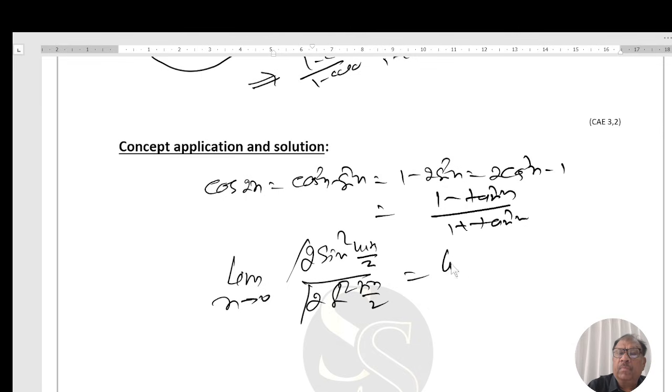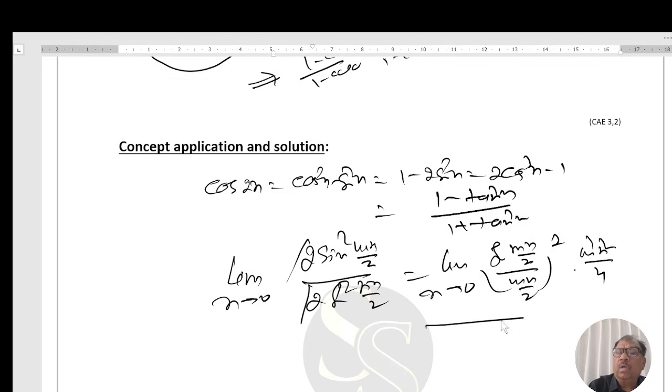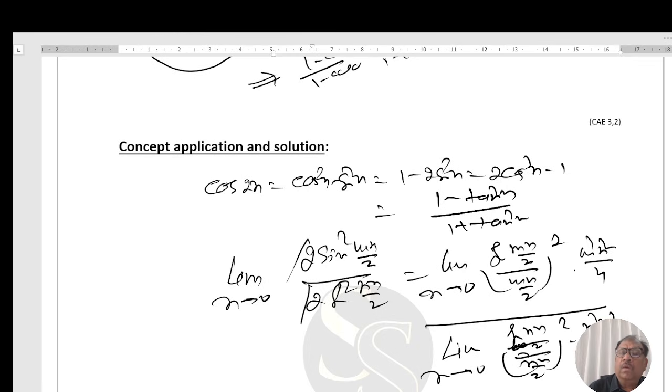So limit x tends to 0 sin of mx by 2 upon mx by 2 whole square into m square x square by 4 upon limit x tends to 0 sin of nx by 2 upon nx by 2 whole square into n square x square by 4.